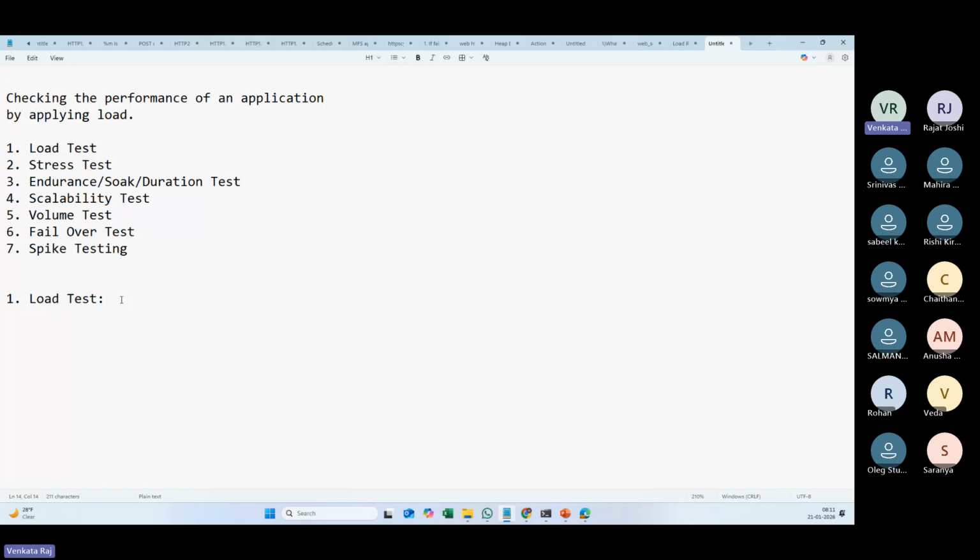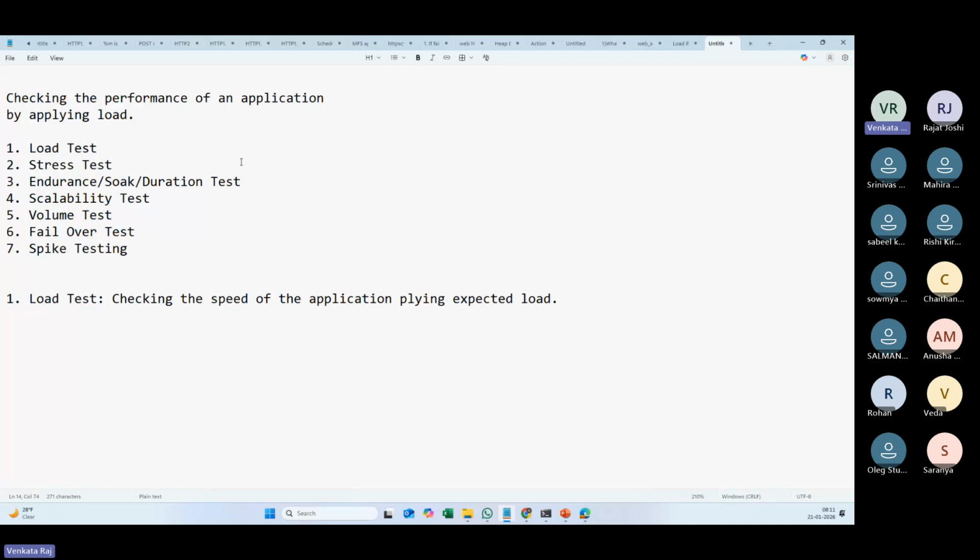What exactly are we going to achieve out of this? A load test is done to find out how the application is responding. Basically, it's all about checking the speed of the application by applying some expected load.